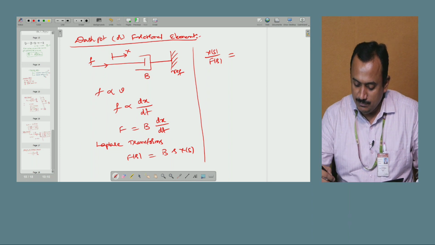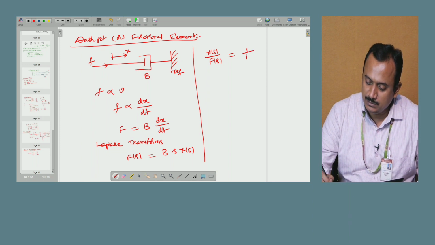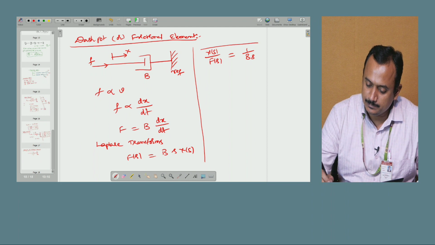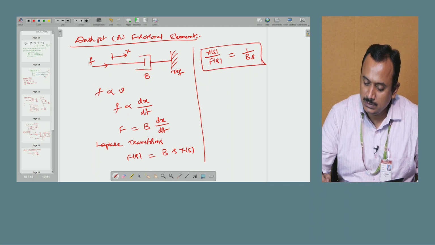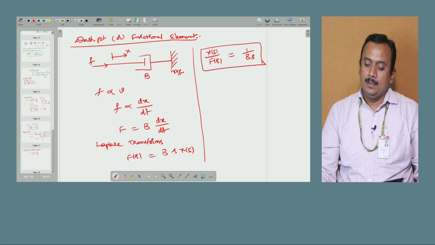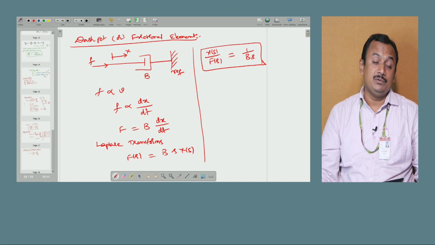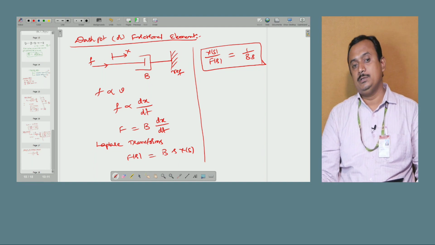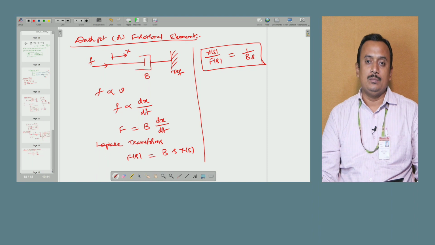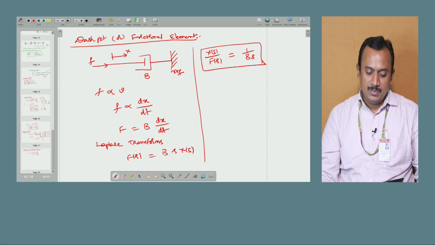Now from this, X(s) by F(s) becomes 1 by bs. Now this is the transfer function for the simple dash pot. That means if a given mechanical system is having only dash pot, then we have the transfer function X(s) by F(s) is equal to 1 by bs.